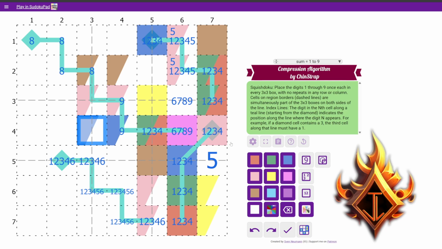How many colors do I have? 1, 2, 3, 4, 5, 6, 7. I have 7 colors. And none of these can be, that cannot be red, cannot be green, cannot be blue, cannot be light pink, cannot be yellow, cannot be bright pink, cannot be brown.